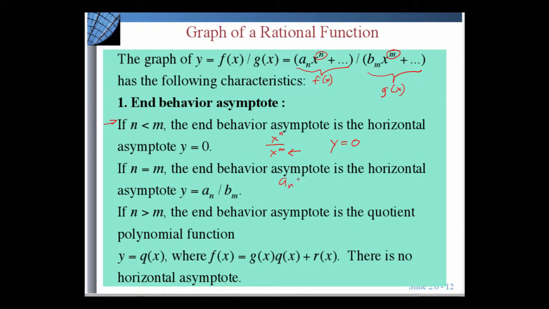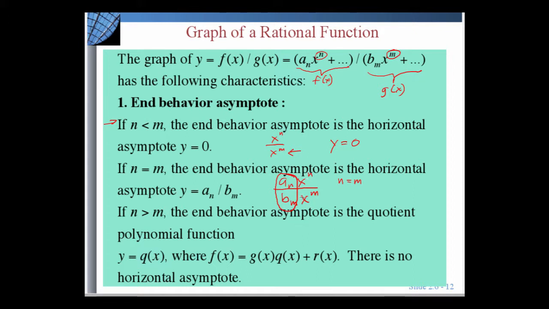If I have a sub n times x to the n over b sub m times x to the m, and n equals m, that means the power of the numerator and the power of the denominator are the same, then as x goes to infinity, the overall value of the numerator and the denominator are going to be the same in terms of x, but really the value of that is going to be the ratio of these coefficients.